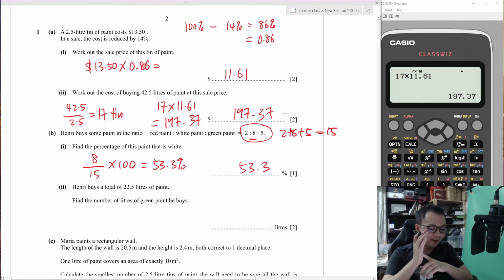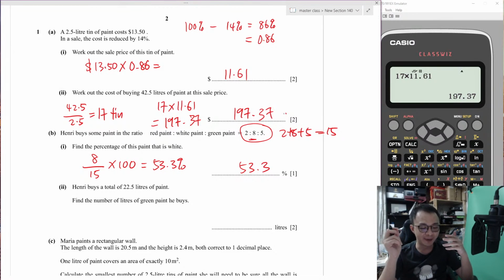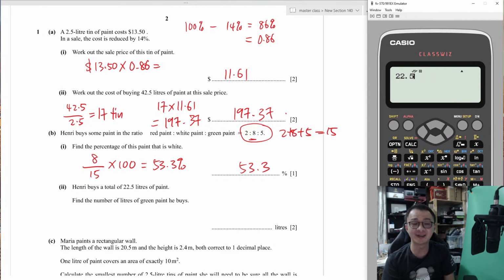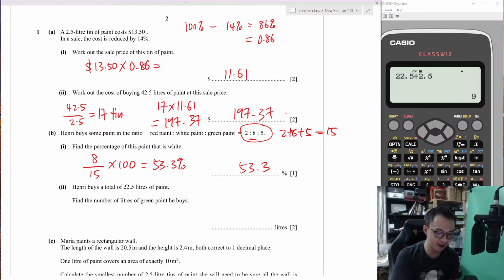Henry buys a total of 22.5 liters of paint. Find the number of green he will buy. First thing, 22.5 liters, I want to know how many tins, so I divide that by 2.5 because each tin is 2.5 liters. Here I have 19.